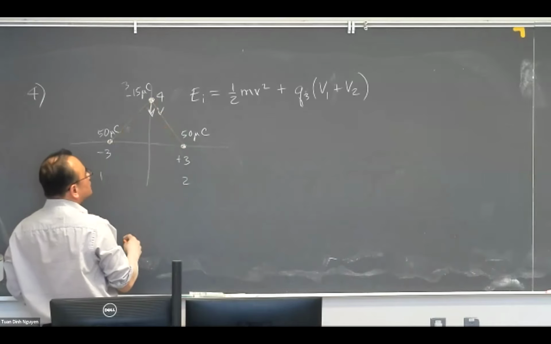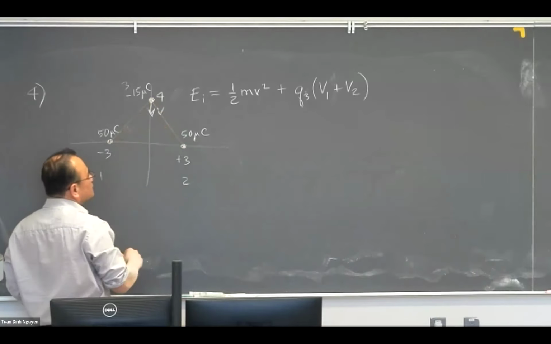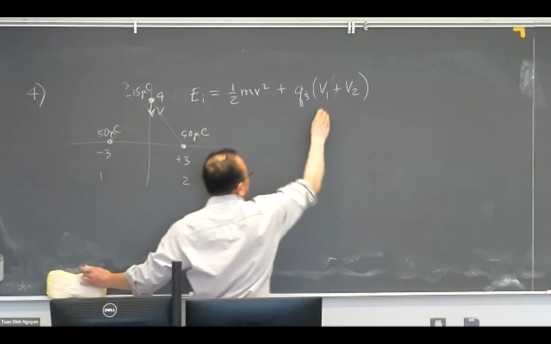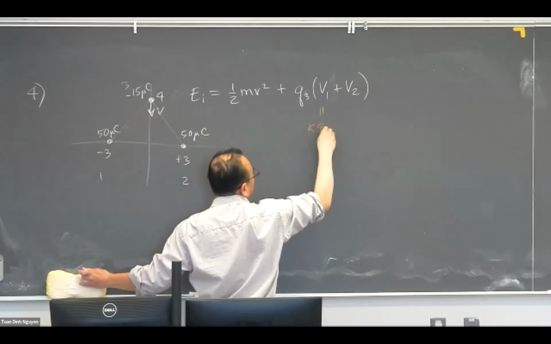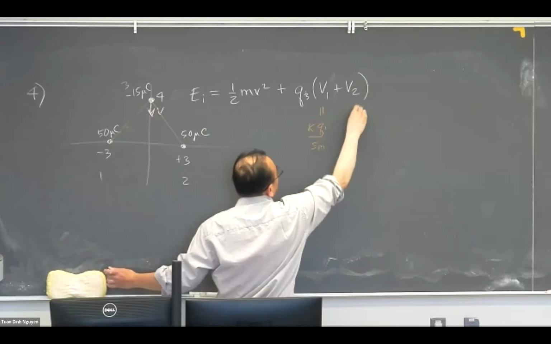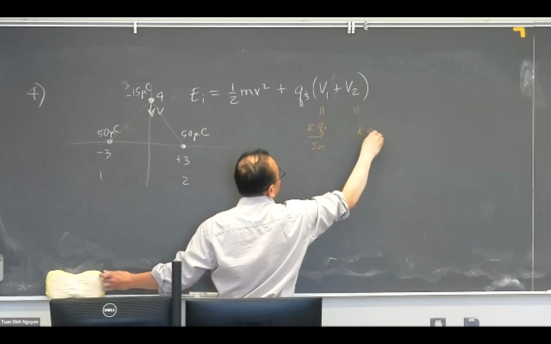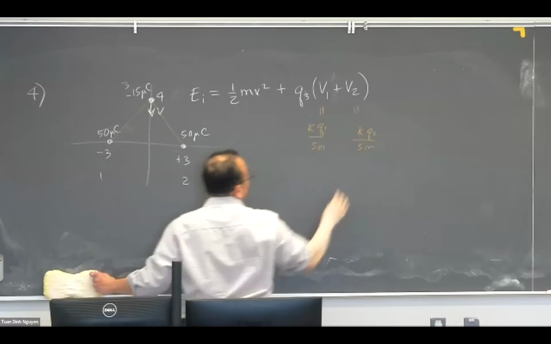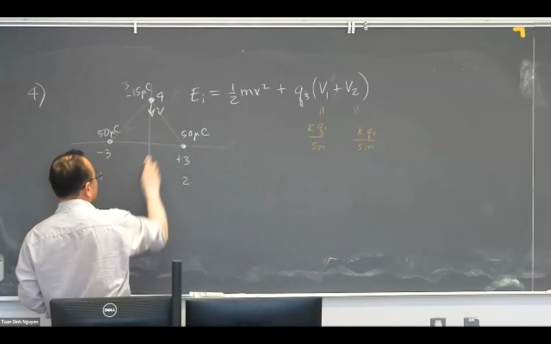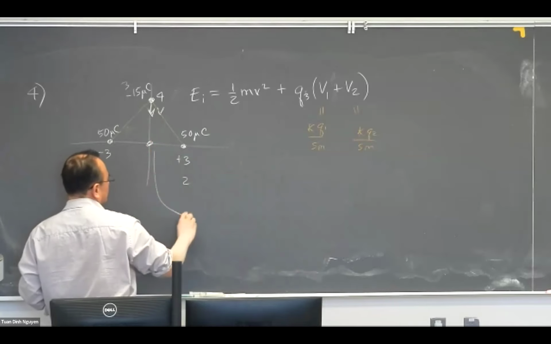It's 5. So this will be equal to kQ1 over 5 meters plus kQ2 over 5 meters. And then when the particle gets to here, that'll be E final.